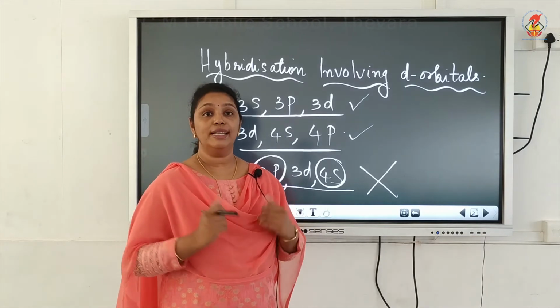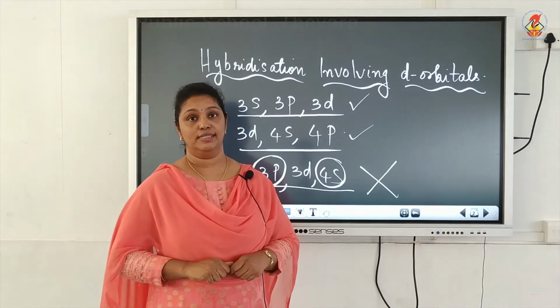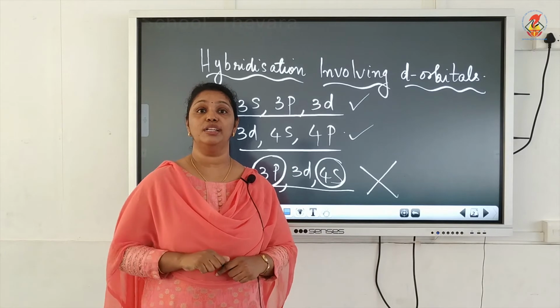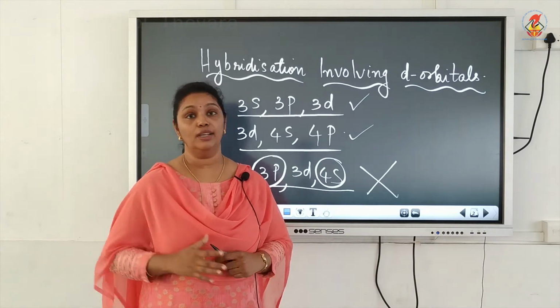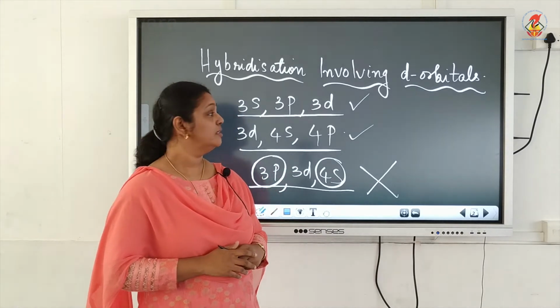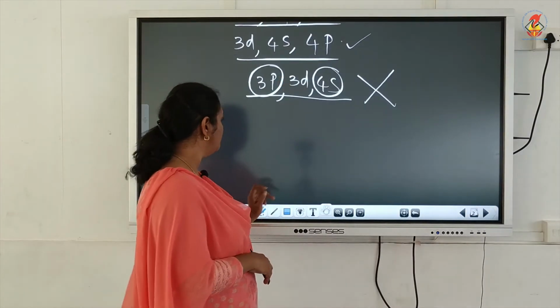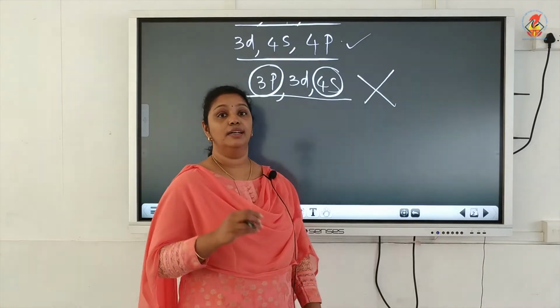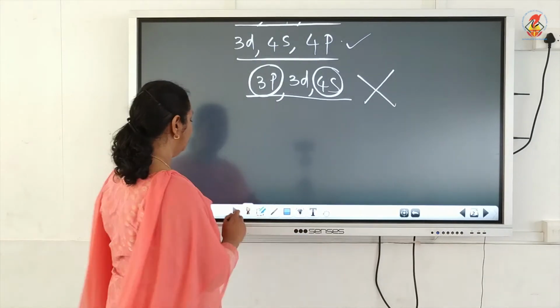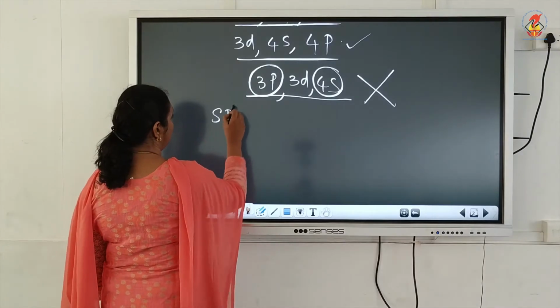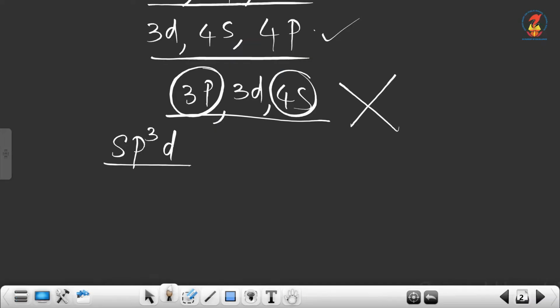So let's study two examples in which hybridization involves d orbitals. We have two types of hybridization possible in which d orbital is involved. The first type is sp3d hybridization, and the second type is sp3d2 hybridization.